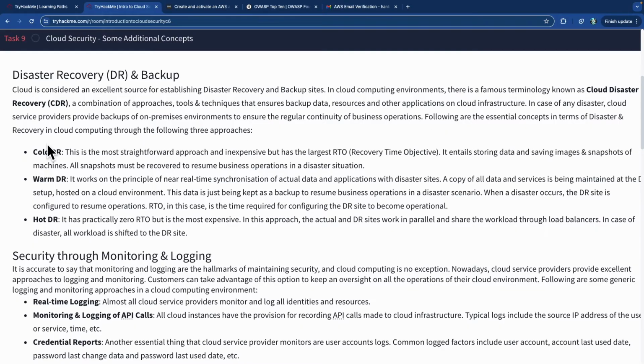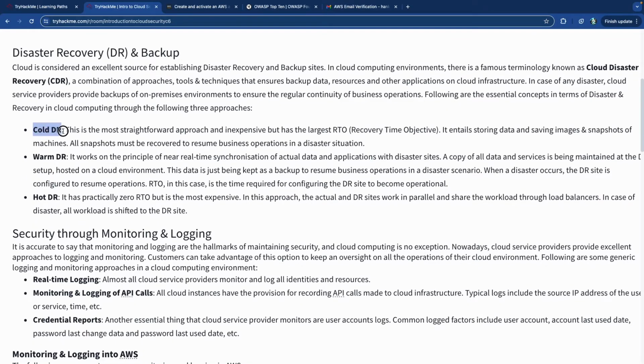The essential concepts are as follows. You have cold disaster recovery, which is the most straightforward and inexpensive approach, but it has the largest recovery time objective, meaning that getting back to business operations takes the longest time.